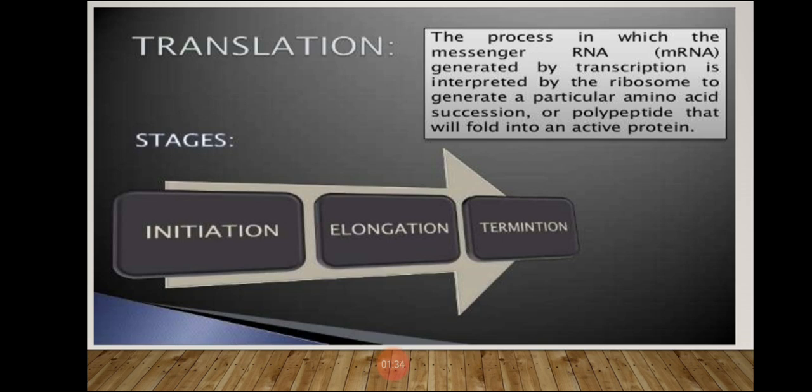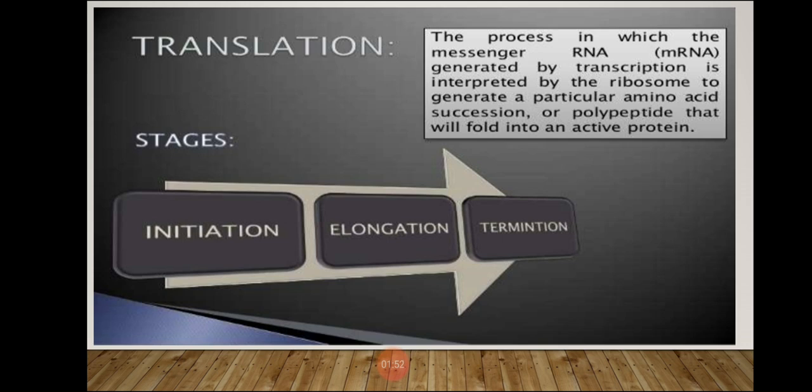So translation is the mechanism in which codons of mRNA are translated into a specific amino acid sequence in the form of a polypeptide on ribosomes. Let us start.